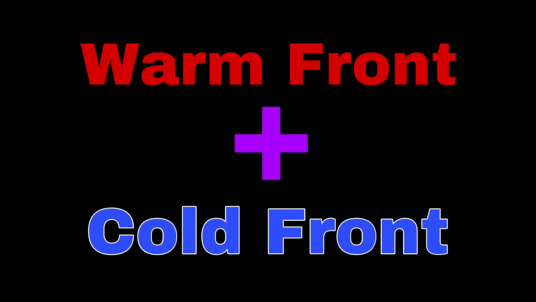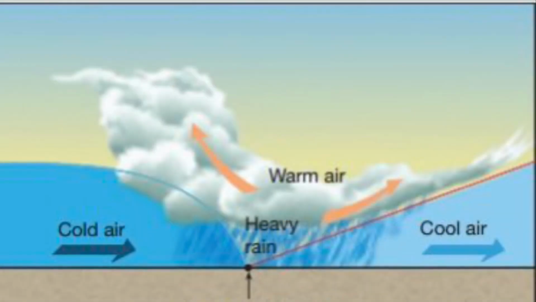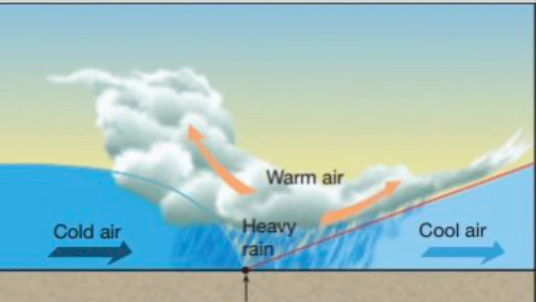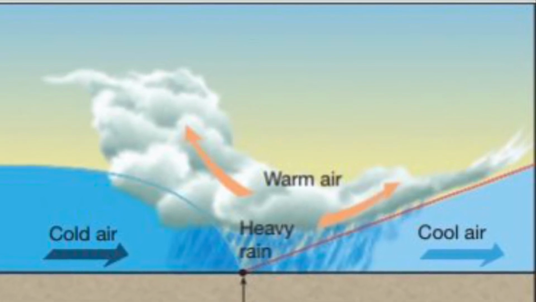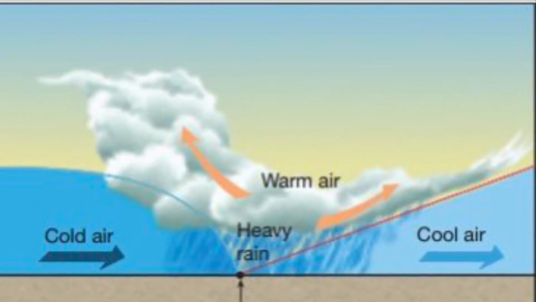Because an occluded front is basically the combination of a warm and cold front, the weather conditions produced are somewhat of a mix of the two, with widespread precipitation, as well as thunderstorms and other active weather. It can be identified by a purple line with alternating triangles and half circles facing in the direction that it's traveling.